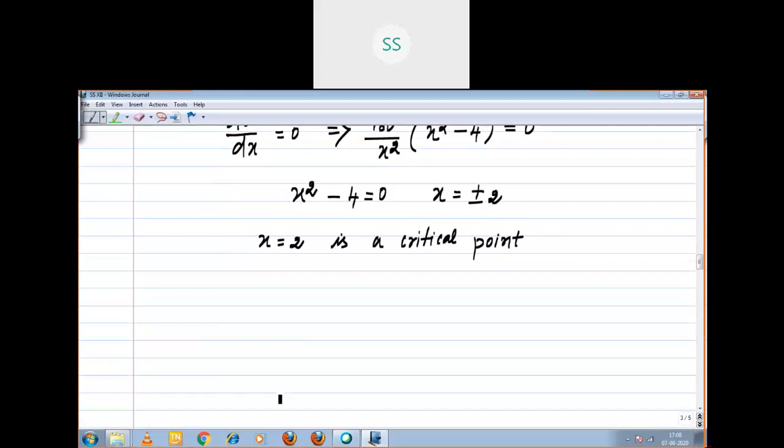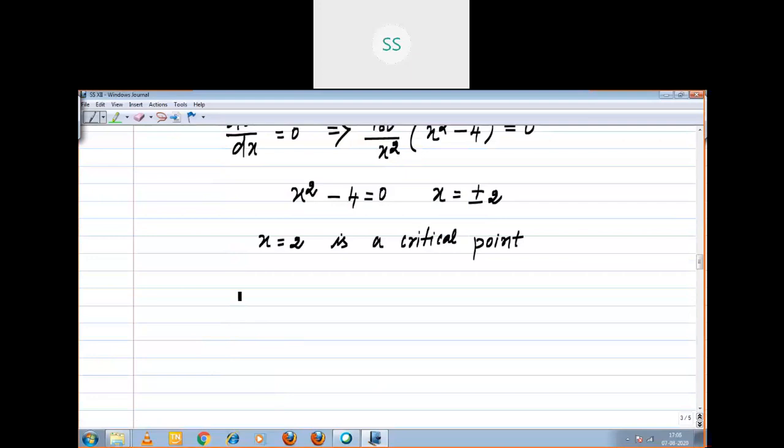Now for the critical point, you want to do the second order derivative. Then only you can say whether it is maximum or minimum. They are expecting the least expensive, so we want to say it is minimum.